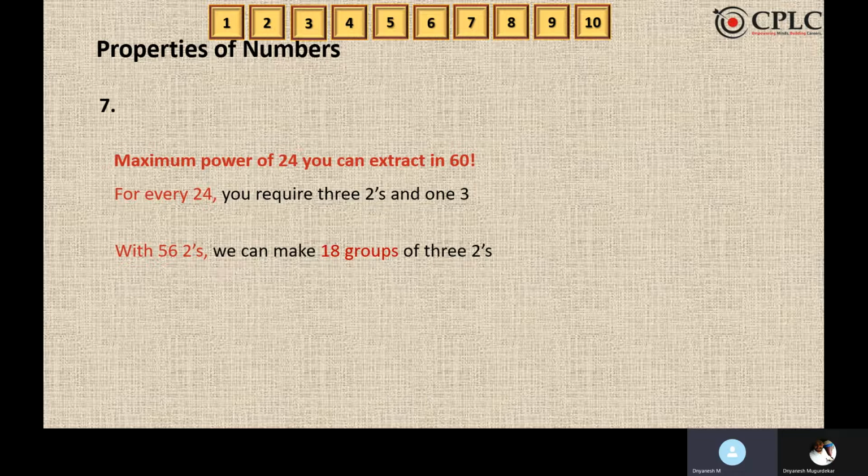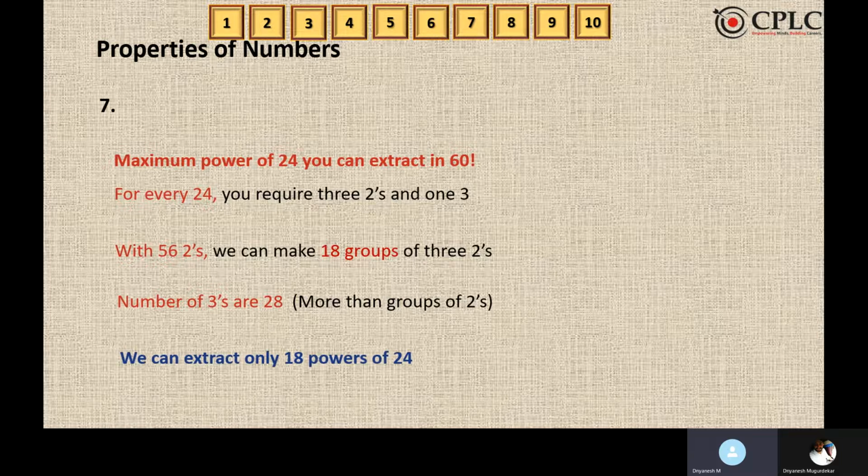That will give us the 24. So even though we have extra 3's, in totality 28 3's, we don't need the additional 10 3's, because for them to combine with, we don't have the group of 2's basically.